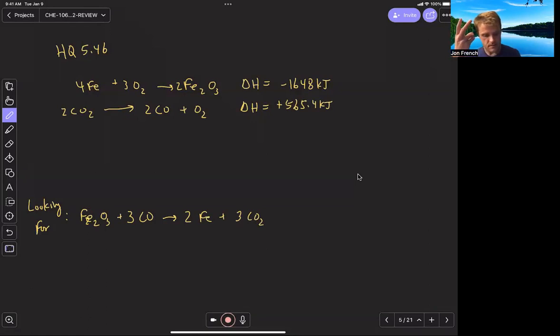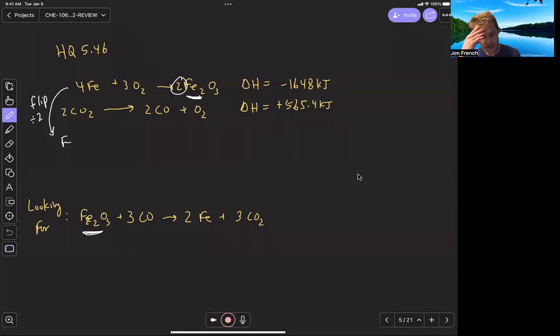We have to do 2 things to the first reaction, because I want the iron 3 oxide as a reactant and I have it as a product. I also want 1 mole, and I currently have 2 moles. So I've got to flip this and divide it by 2.